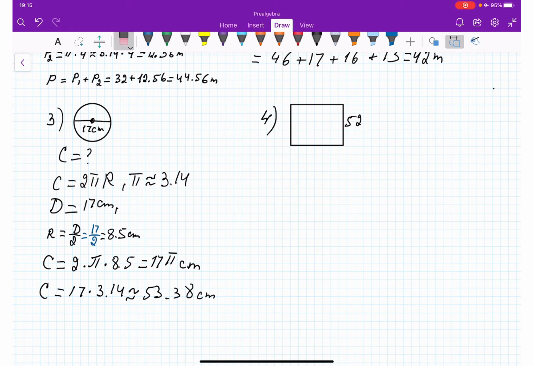Let me write it down short. Find the distance, which means perimeter. So perimeter is equal to 52 times 4, right? Because every single side is equal, and it's going to be 208 yards. So keep in mind that this is a square. When you have a square, every side is equal to each other, so we can multiply by 4.